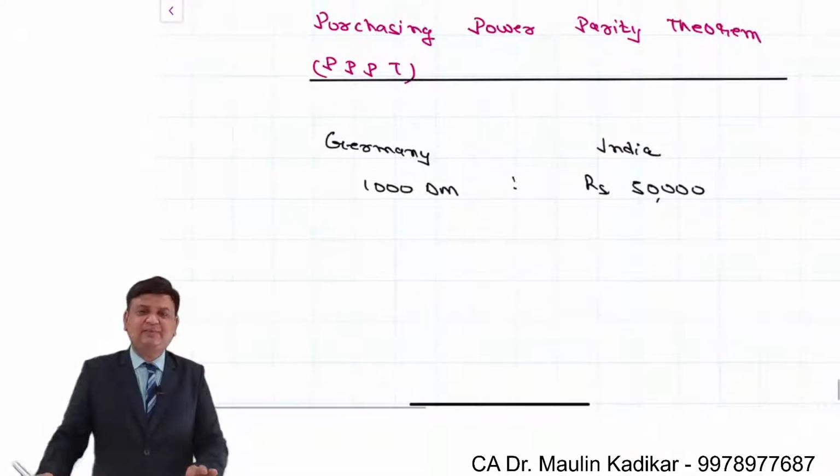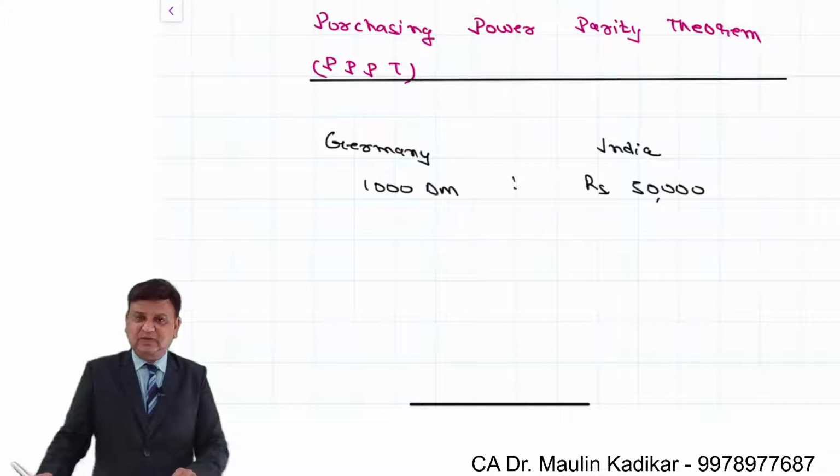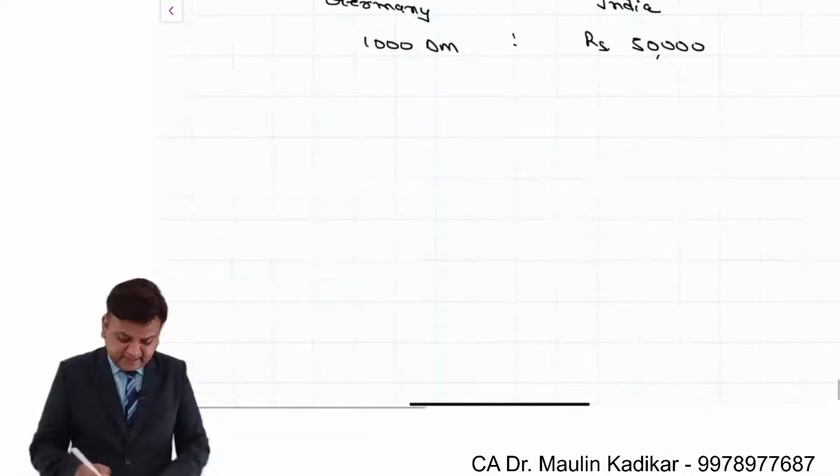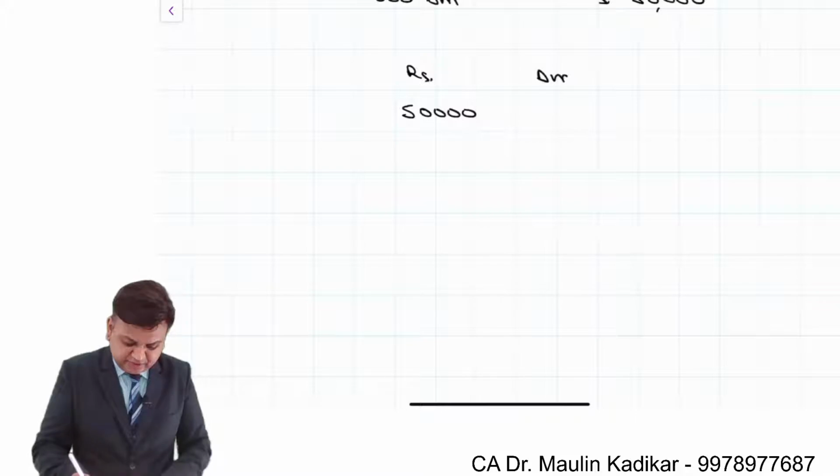Then the purchasing power parity theorem has a simple explanation: the exchange rate would be adjusted so that the value of both commodities would be equated, that is, rupees 50,000 is equal to Dutch mark 1000.